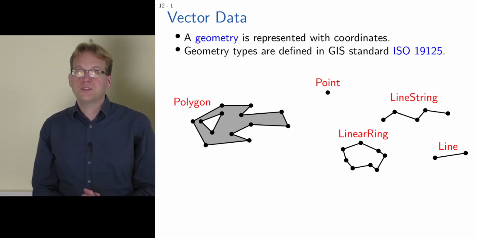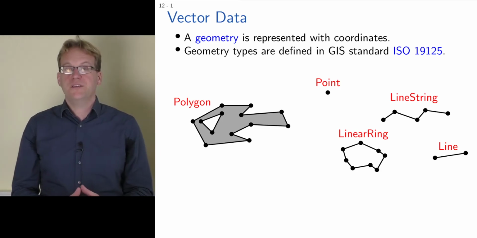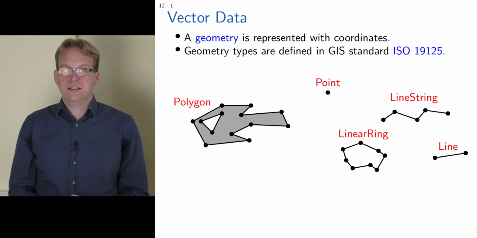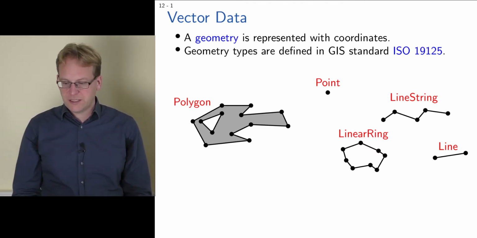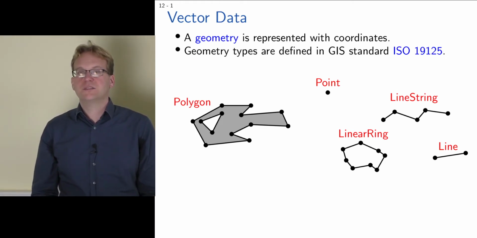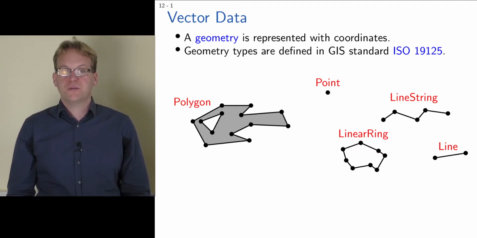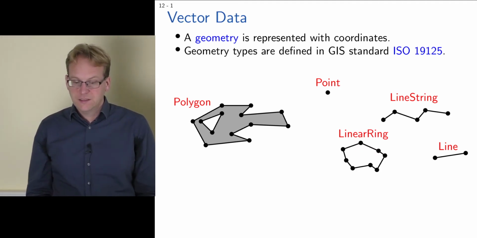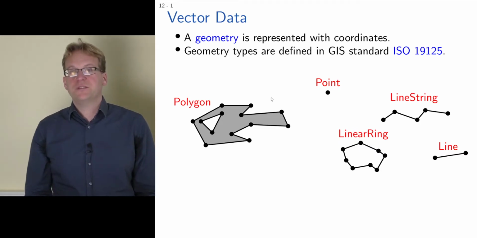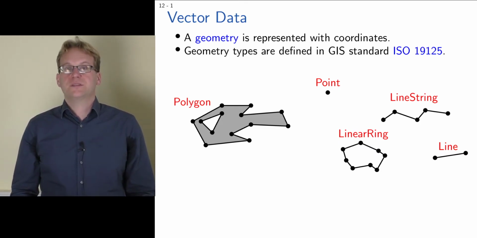Well, so much about raster data, and let's talk about vector data next. I said already that's points, lines and areas, but actually if we look at some international standard, ISO 19125, that defines the different geometry types for geographic information. And in general, vector data means that the geometry is represented with coordinates.